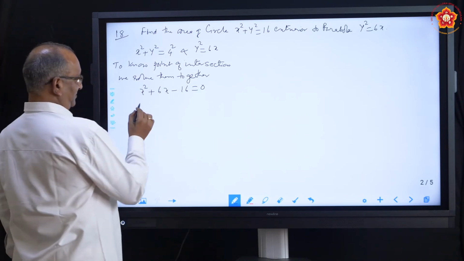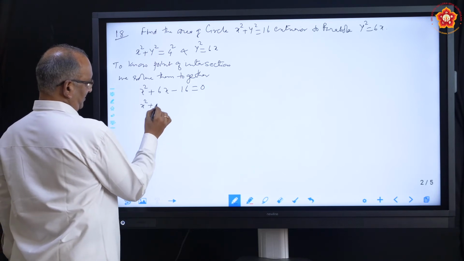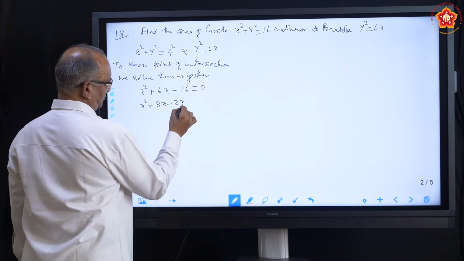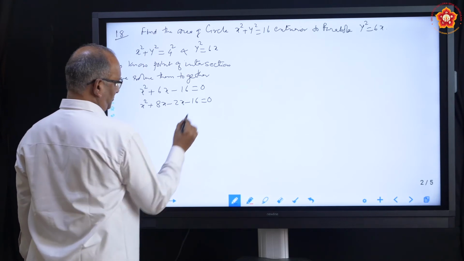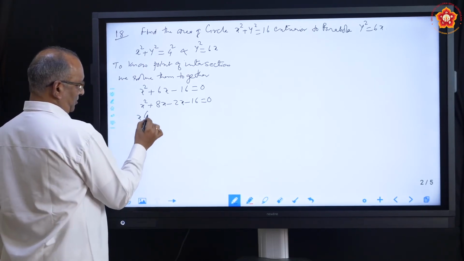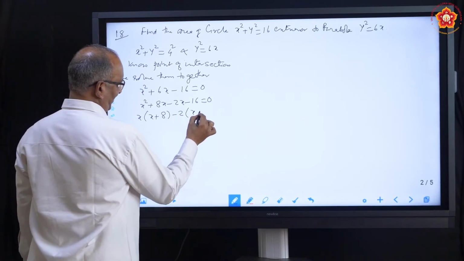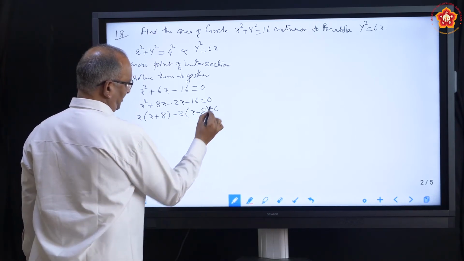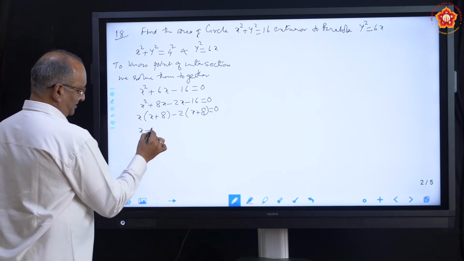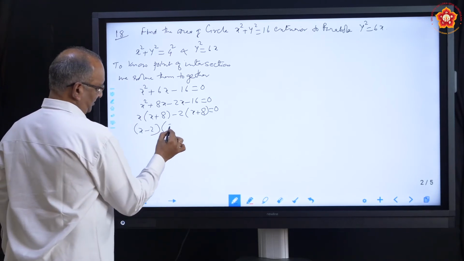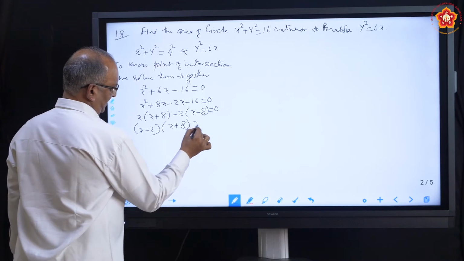Let us check. x square plus 8x minus 2x minus 16 equal to 0. If you take x common, you get x plus 8. If you take minus 2 common, you get again x plus 8 equal to 0. The factors are x minus 2 and x plus 8 equal to 0.